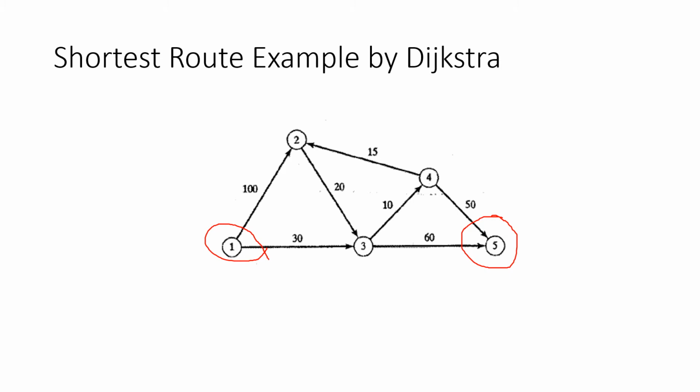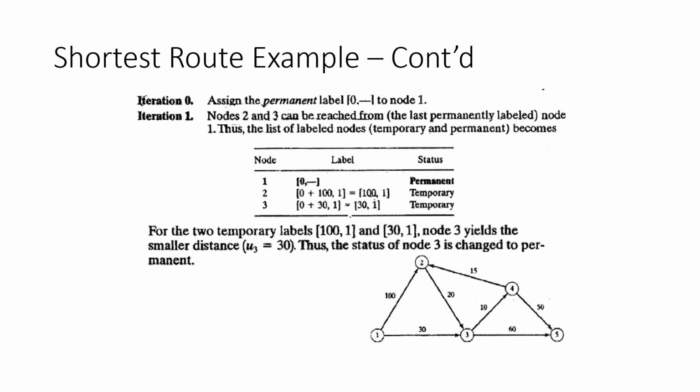We start Dijkstra's algorithm by assigning a permanent label to the start node. So node 1 is the start node. We assign a permanent label to it, and that label is 0. That means the distance traveled to this node is 0. We haven't moved an inch yet, and we're coming from nowhere, so it's a dash, and this is permanent.